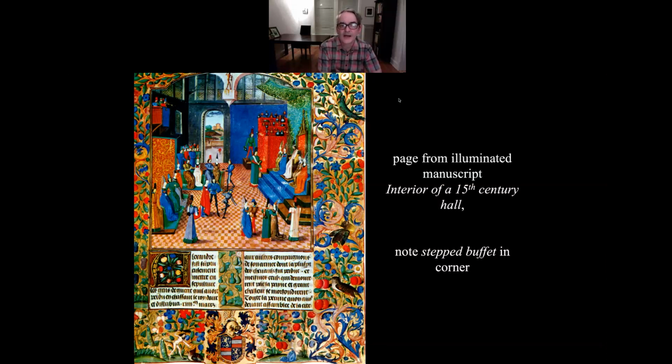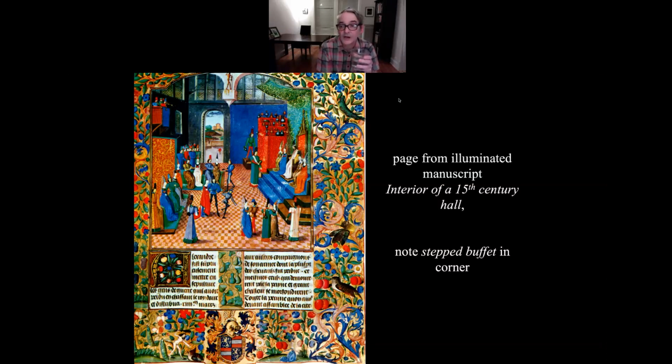And if you were of a certain status, you might have a four-stepper. So you would have four levels on your buffet, and you would display your finest valuables that could be presented this way.